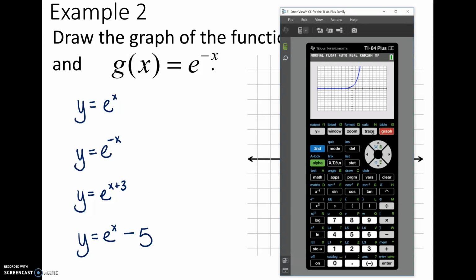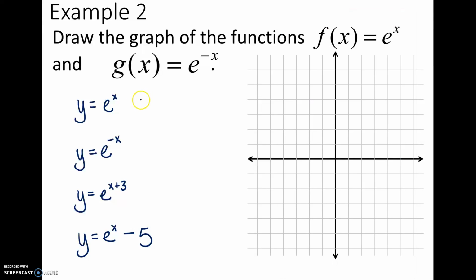It has an asymptote at 0, and it starts close to the asymptote and then moves away as it gets exponentially larger. Your y values increase from left to right. So in our notes, let's write that this is exponential growth and asymptote at y equals 0.